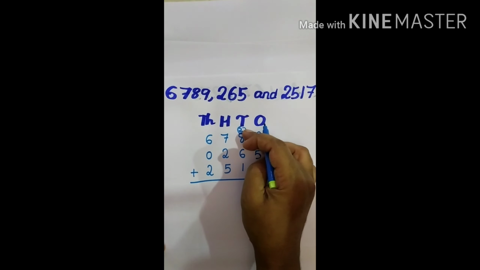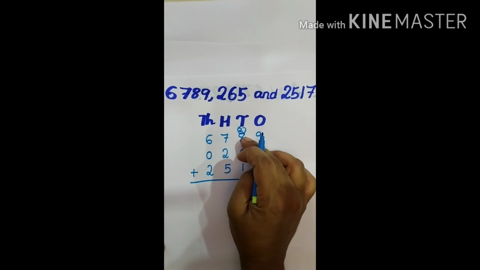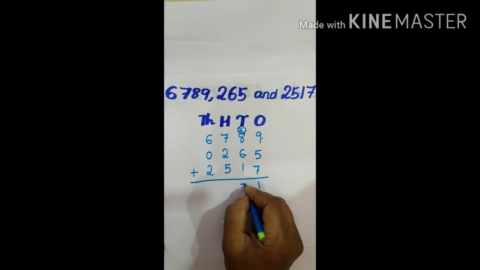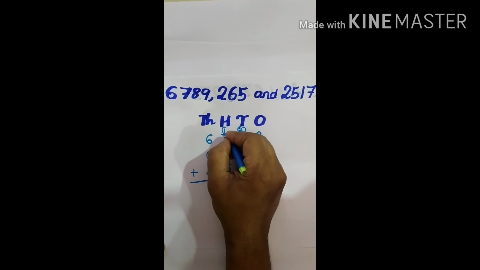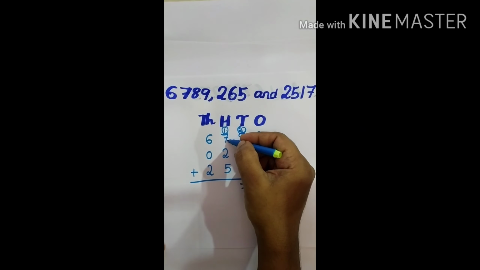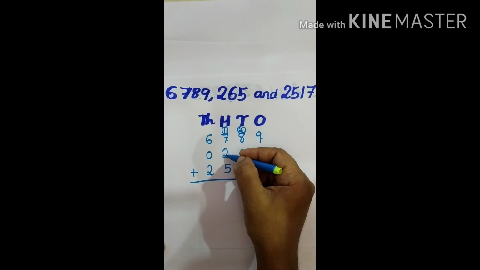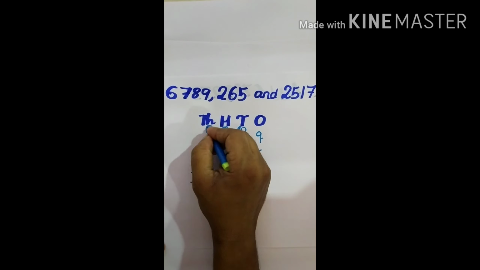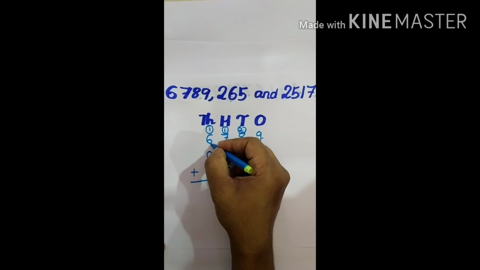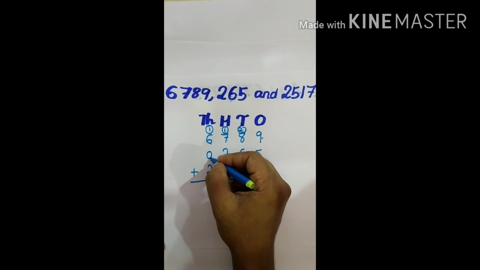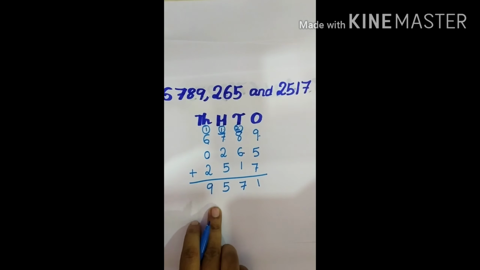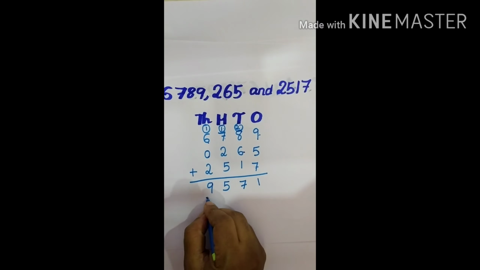Now let us add the digits of tens place. 2 plus 8 is equal to 10. 10 plus 6 is equal to 16. 16 plus 1 is equal to 17. 7, carry over 1. 1 plus 7, 8. 8 plus 2, 10. 10 plus 5, 15. 5, 1 carry over. 1 plus 6, 7. 7 plus 0, 7. 7 plus 2, 9. So the answer is 9571.